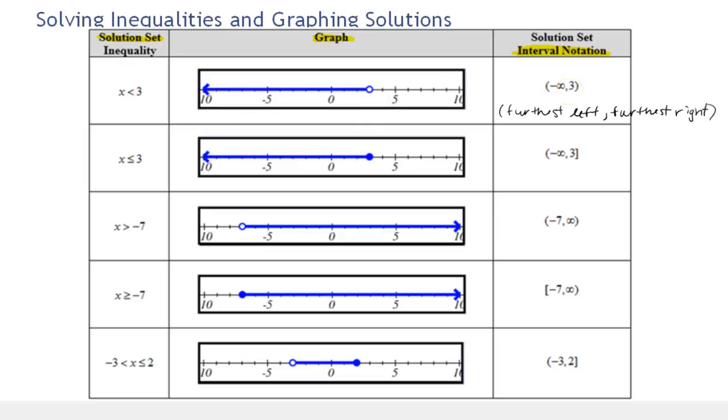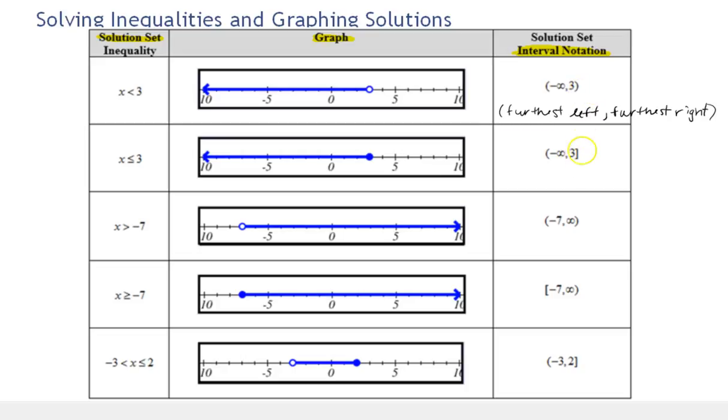Now you need to make a decision about whether you're going to use parentheses or brackets. Comparing these two, notice the only difference between the first row and the second row is that the second row includes the possibility of it equaling 3. Both of them have negative infinity on the left-hand side with a parenthesis. But here we have 3 in a parenthesis, and here we have 3 in a bracket.